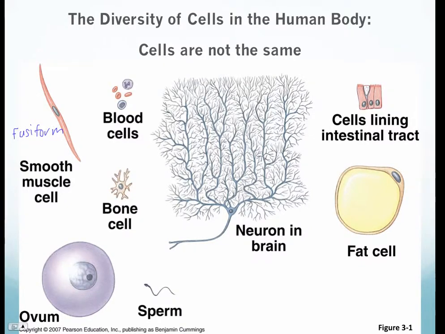Blood cells can either be spherical if they're white blood cells, or they have this flat and nice biconcave disc shape if they're red blood cells. Neurons have nice long extensions called axons, which send messages out to the next neuron, and they can receive signals from other neurons through dendrites, so these are nice long dendrites.